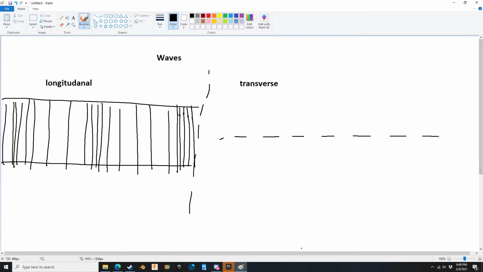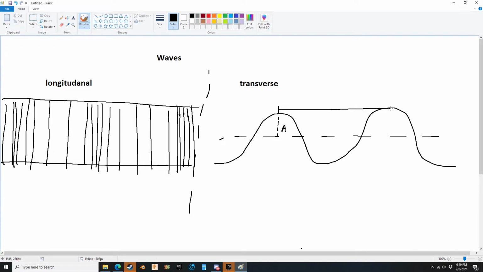Next we have transverse. Since this is supposed to be more like a recap, I'm going to go over this quickly. Amplitude is measured from your center line. This is amplitude. Wavelength is measured from one point to the next point.